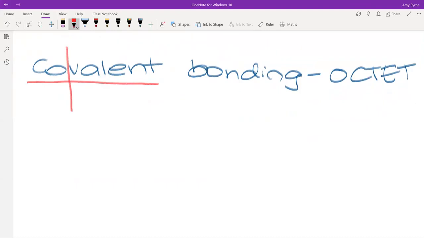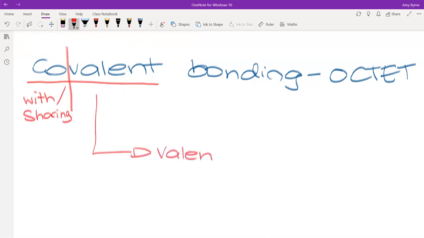Co, in the same way that we use this prefix for cooperation, etc., means with or maybe sharing. And valent comes from the word valence, which is the outside shell of electrons.